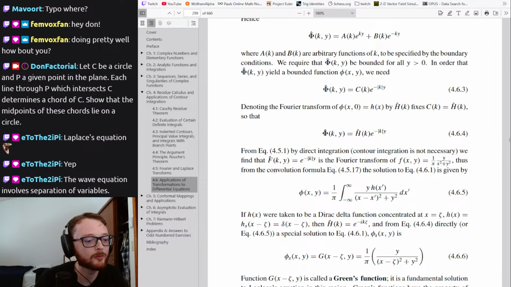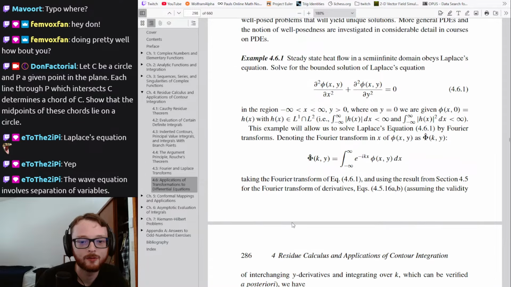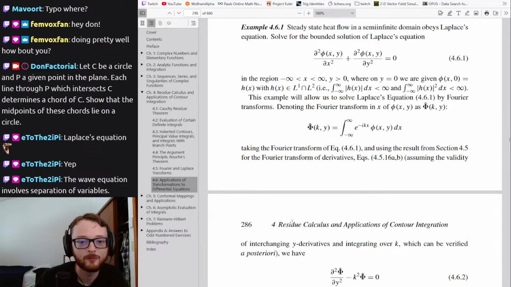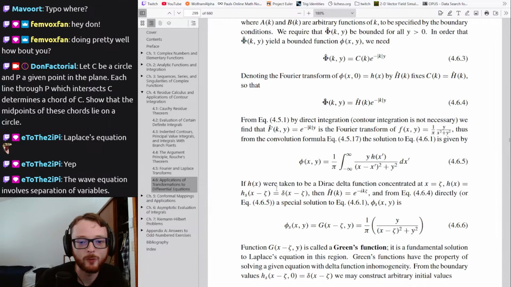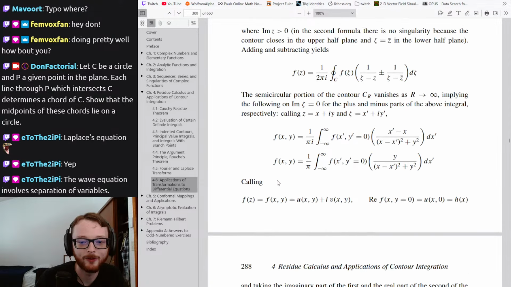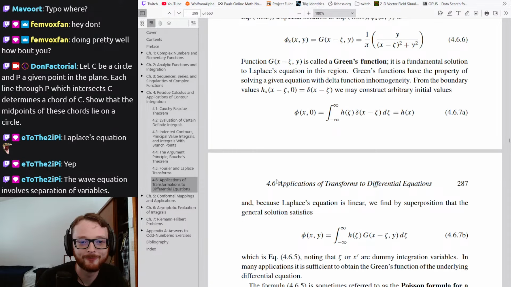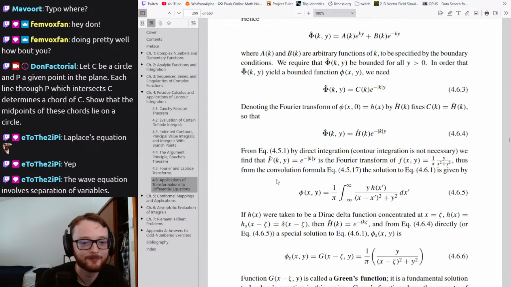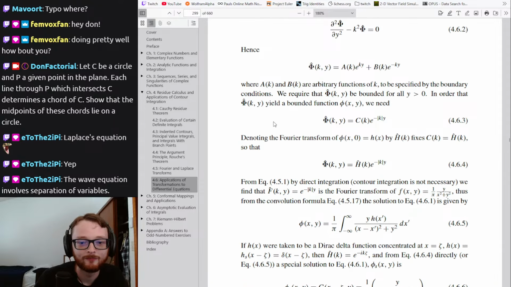Oh wait, you're saying the wave equation, but this is, well, they do go over the wave equation later in this chapter, or in this section. I haven't gotten that far yet. I don't know.